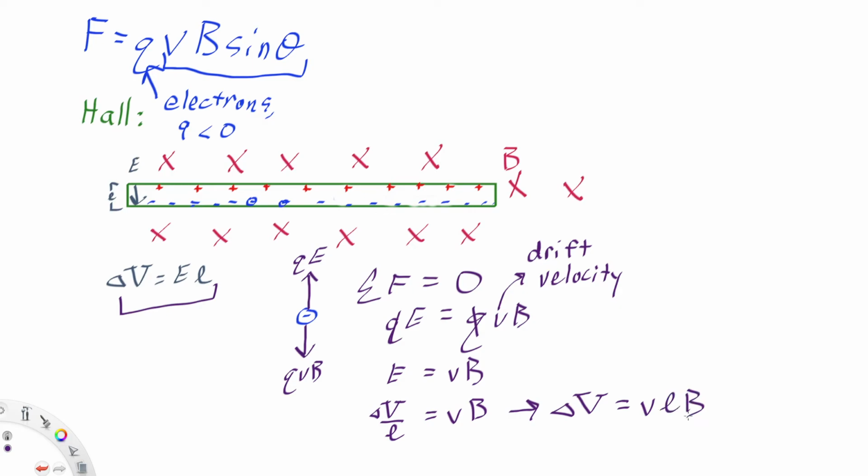So the presence of a magnetic field can create a voltage from the top end of the wire to the bottom end of the wire. So the presence of a magnetic field turns even a simple wire into a capacitor. All right.